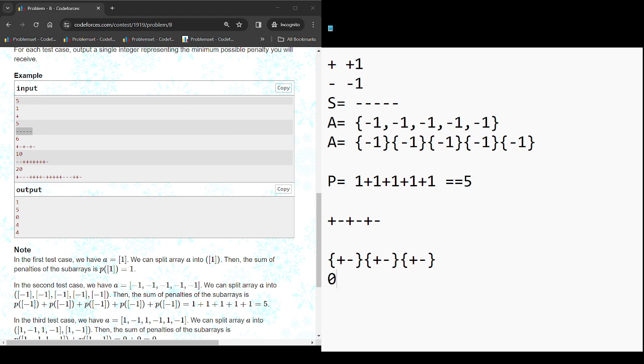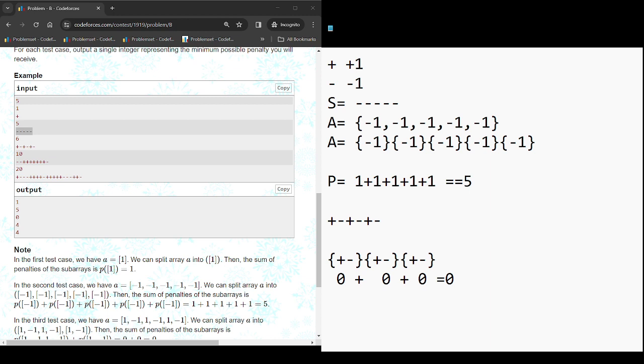So the answer would be 0 plus 0 plus 0, right? So the answer would actually be 0, and the penalty is minimized.